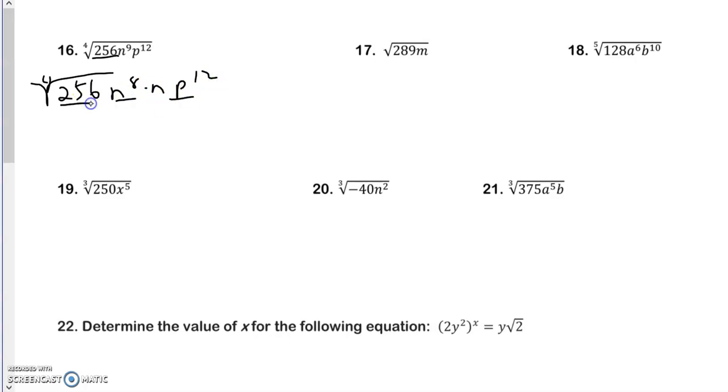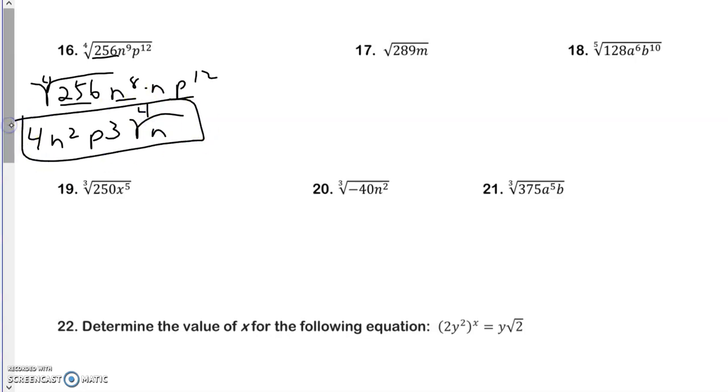I'm going to underline the 3 things that are perfect. The 4th root of 256 is 4. 8 divided by 4 is 2, and 12 divided by 4 is 3. And what's not perfect is n. Don't forget the little 4 up there, and you're done. 289, well, that's a perfect square root, so it's just going to be 17 square root of m.